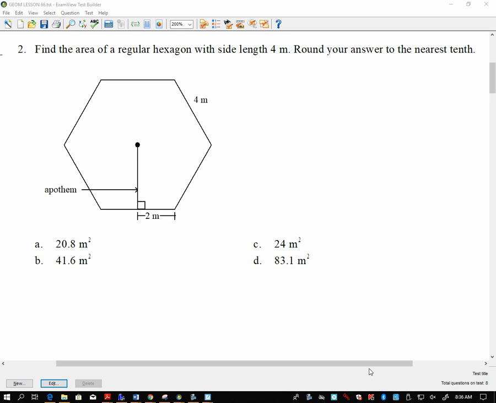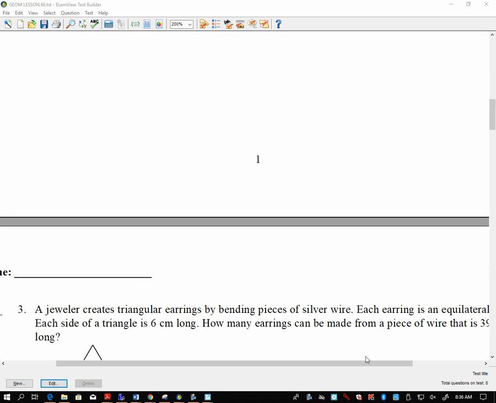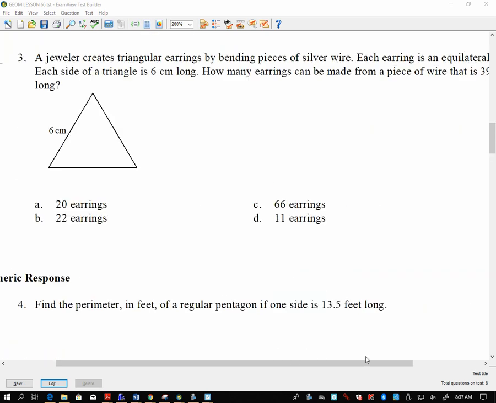Or anything else? Do we want to work out any more from here? I'm going to scroll down a little bit. Because remember, your test questions come from these documents.